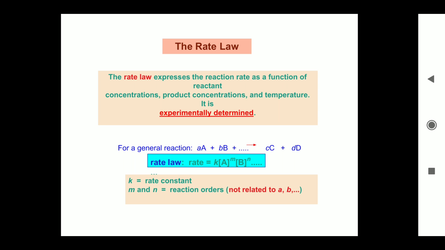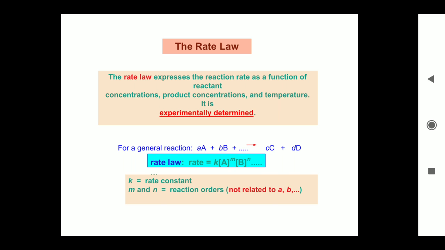Rate law. The rate law expresses the reaction rate as a function of reactant concentrations, product concentrations, and temperature. It is experimentally determined. For a general reaction, A plus B gives C plus D, the rate law is nothing but rate equal to k, concentration of A power m, concentration of B power n, where k is the proportionality constant, A and B are the concentrations of the reactants, and m and n represent the order of the reaction.